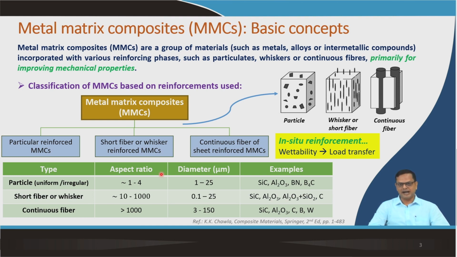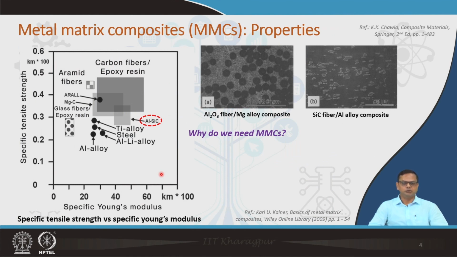The advantage of this kind of in situ reinforcement is that the interfacial strength is extremely high or very good. The wettability is very good, and that ultimately leads to better load transfer from the matrix to reinforcement. Okay.